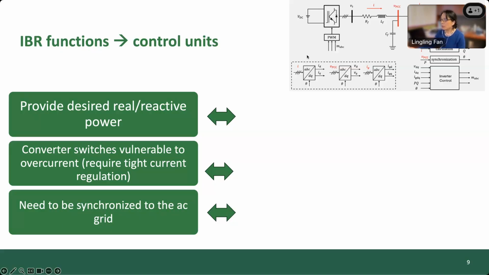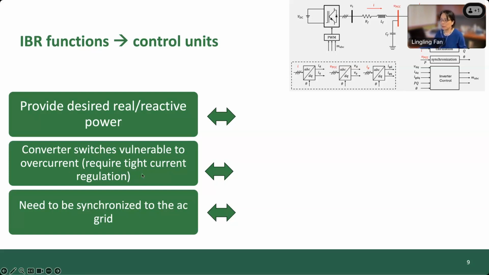Now, what do we do? Let's think about what you need if you want to attach something to the grid. We need it to be synchronized to the AC grid because it's AC. You cannot just switch it and make, for example, a 60 hertz sinusoidal waveform. It may not work because the grid frequency is varying. Second, the inverters are very vulnerable to overcurrent.